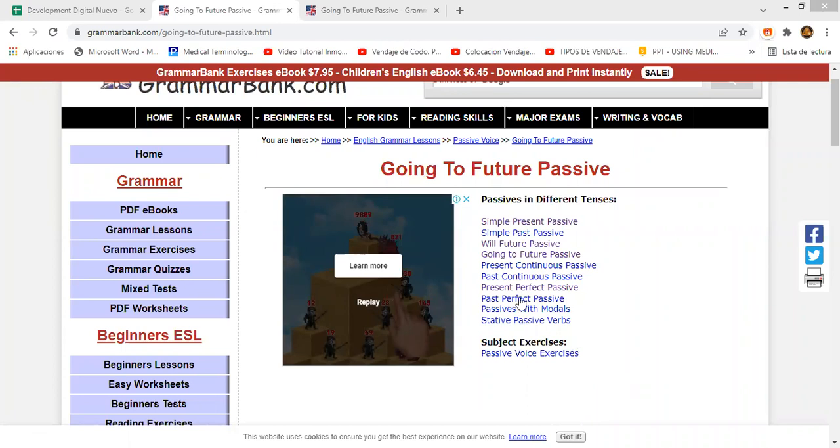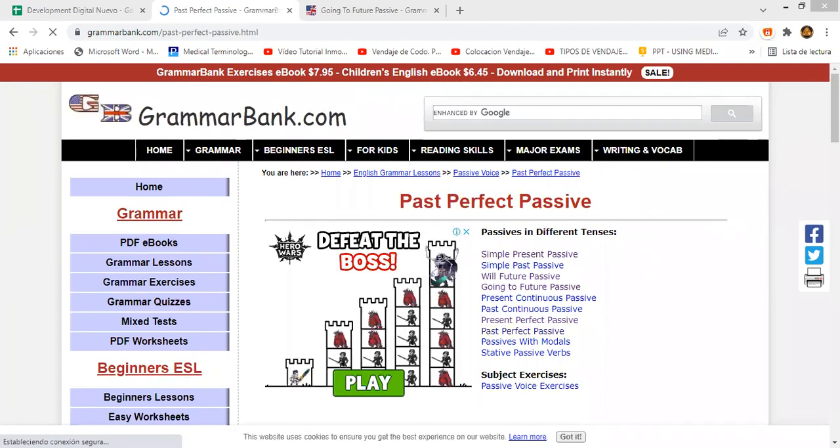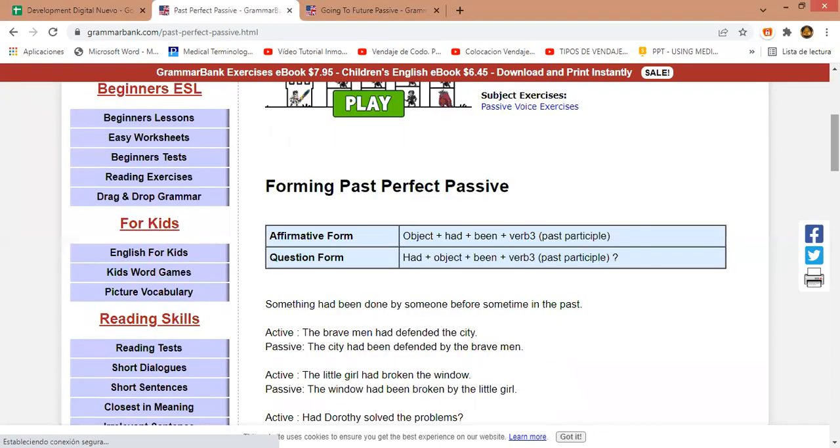All right, so let's go to the past perfect first. Everything is the same. Active voice does the action, passive voice receives the action, just looking at it with the different tenses. So this is how we use it with the past perfect and the passive voice, in affirmative or question form.